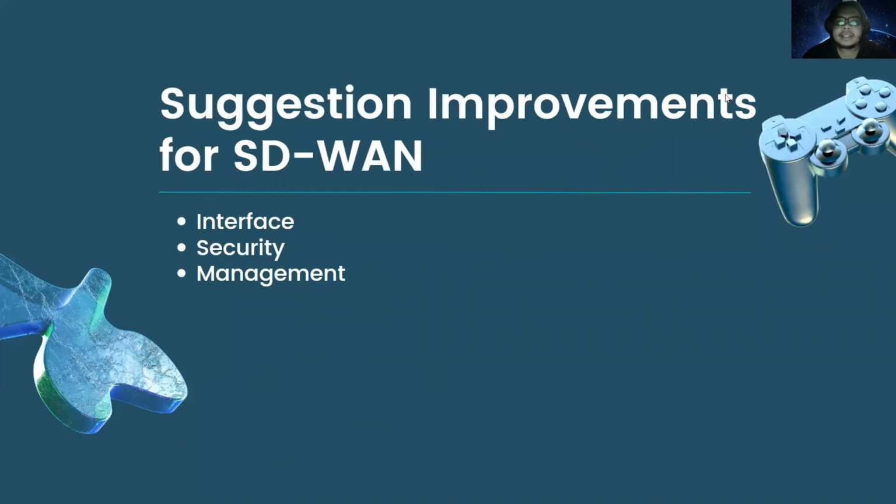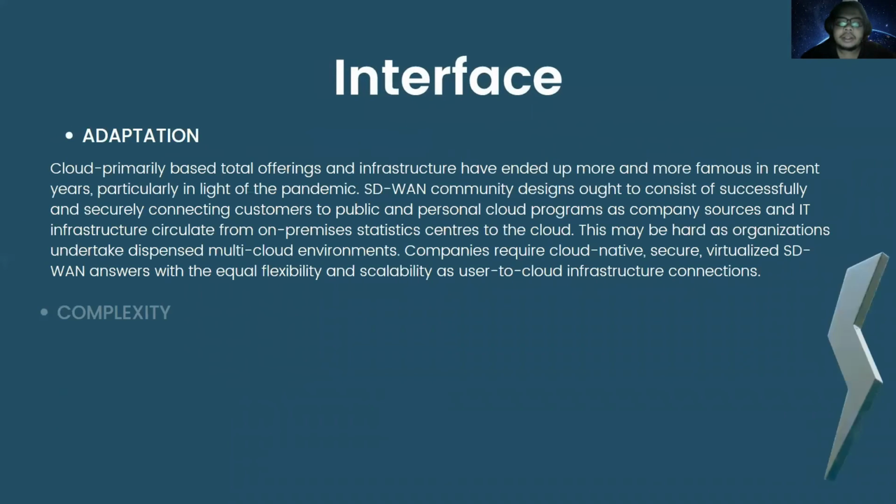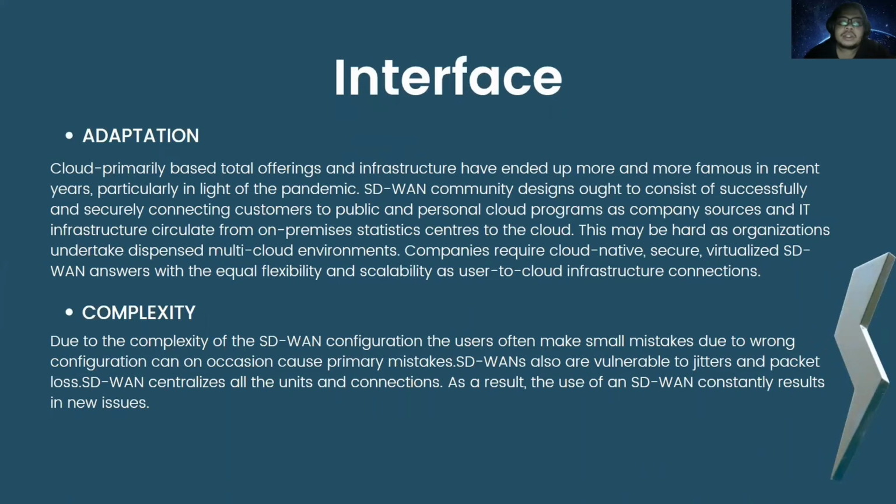Now the problems of SD-WAN. The first is suggestions for improvement of SD-WAN in terms of interface, security, and management. The first one, interface, which is adaptation. Cloud-based services and infrastructure have become more and more popular in recent years, particularly in light of the pandemic.